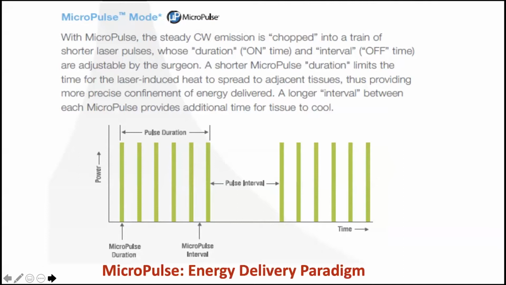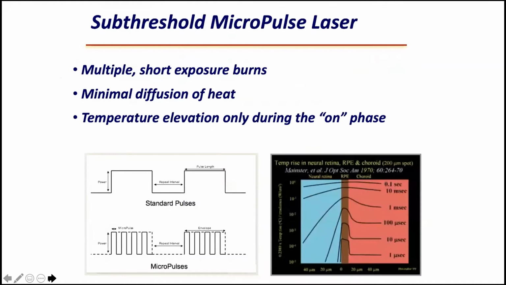So what does it mean, the micropulse mode? With the micropulse mode, the steady continuous wavelength emission is chopped into a train of shorter laser pulses whose duration, the so-called on time, and the interval, the off time, are adjustable by the surgeon. With this shorter micropulse duration, we limit the time for the laser-induced heat to spread to the adjacent retinal tissue, thus providing more precise confinement of energy that is delivered to the retina.